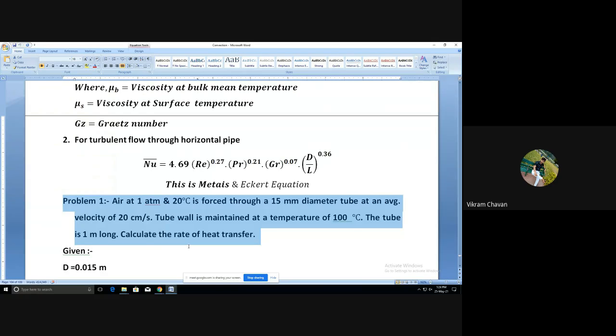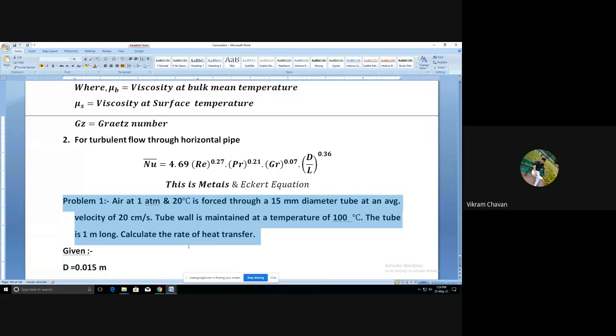The tube wall is maintained at a temperature of 100 degrees Celsius.